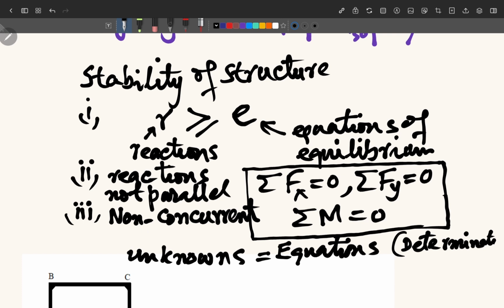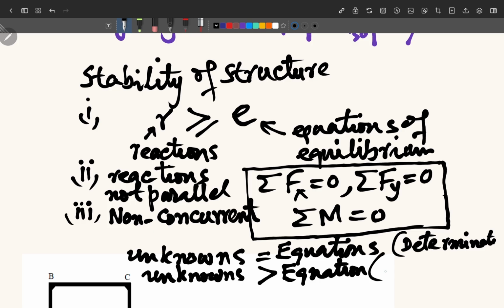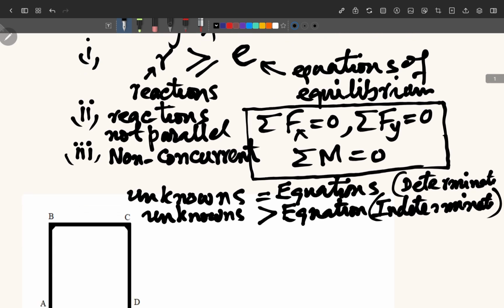And if the unknowns are greater than the equations, then it is indeterminate. And if the unknowns are less than the equations, then it is unstable.